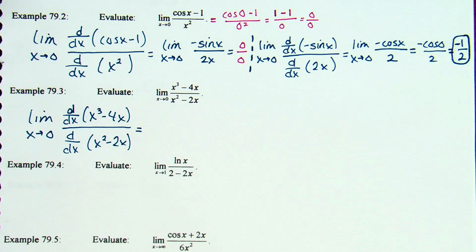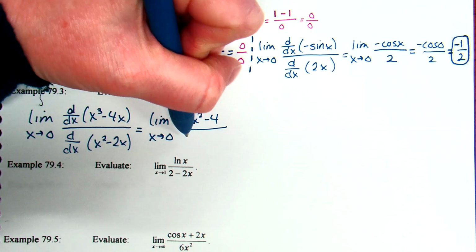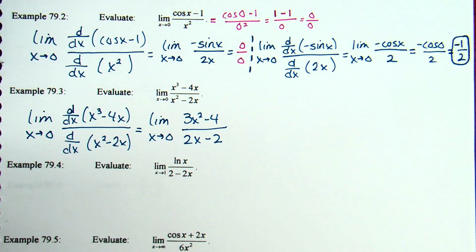What are those derivatives? 3x squared minus 4 over 2x minus 2. Do we have to show that we're taking a derivative, or can we just do it?